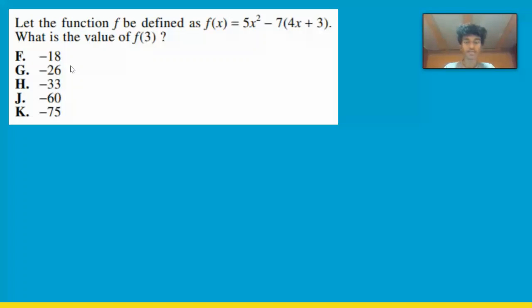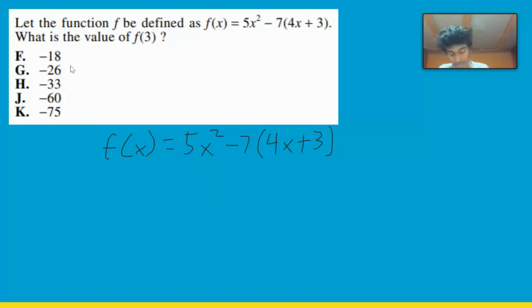Okay, so for this question, they give us f of x and they want to know the value of f of 3. So we know that f of x is equal to 5x squared minus 7 times 4x plus 3.